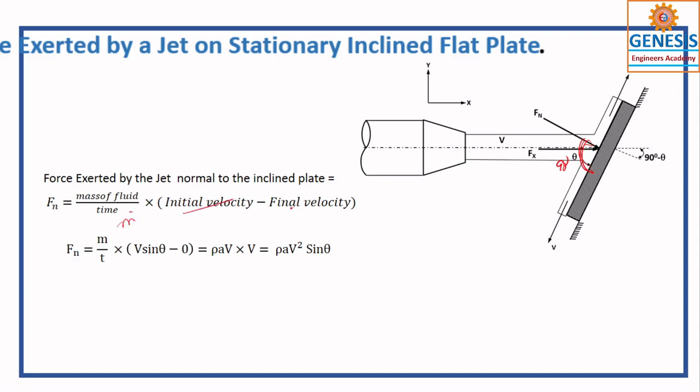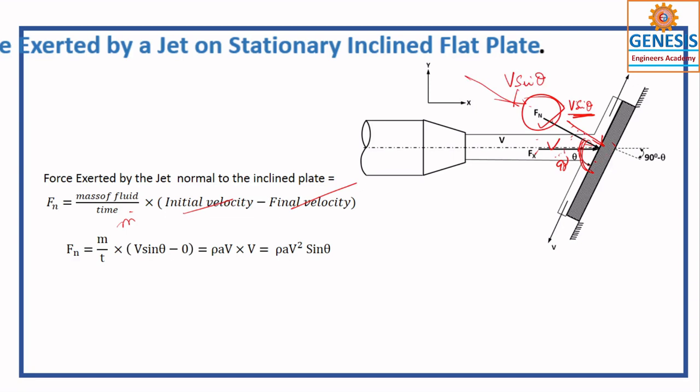So this is m dot, this is initial velocity, this is the final velocity. So you are now talking about the Fn. So Fn is nothing but, suppose what is the velocity of this one? This is v, and if you take that one, this becomes v sin theta. Okay, so with what velocity the jet is striking the plate is v sin theta. Okay, so you have to take like that one. Your direction is like that one.